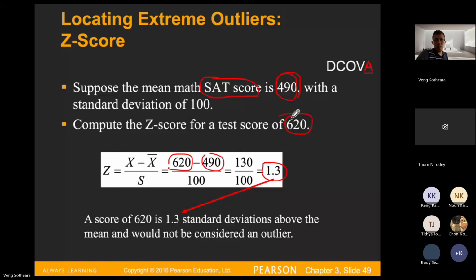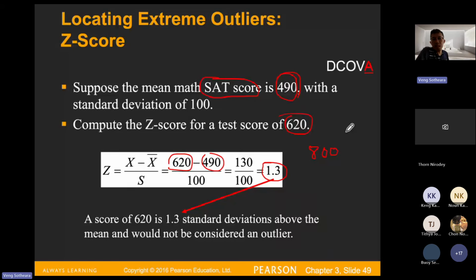So if I say somebody gets an 800 score, what can you say? Somebody gets 800. It is considered too high compared to most of the students, the general student.